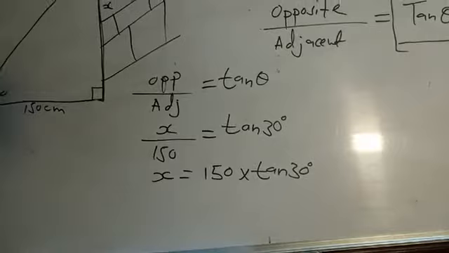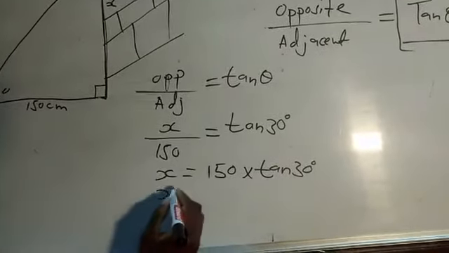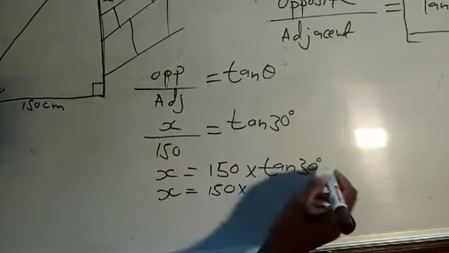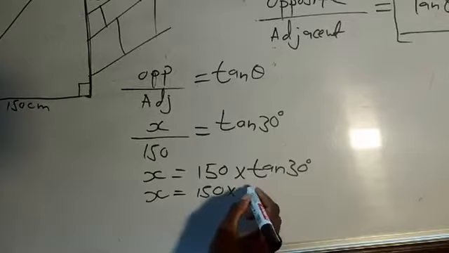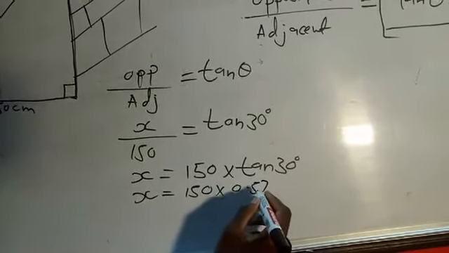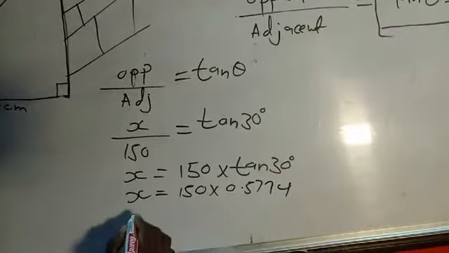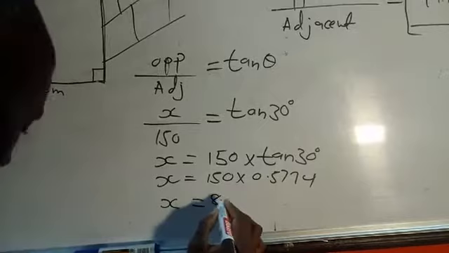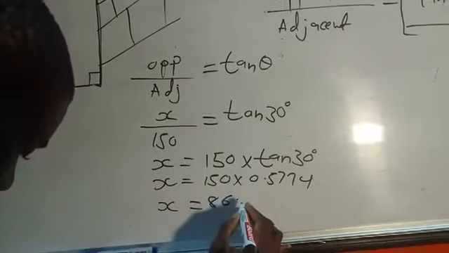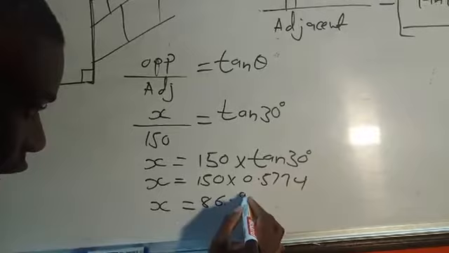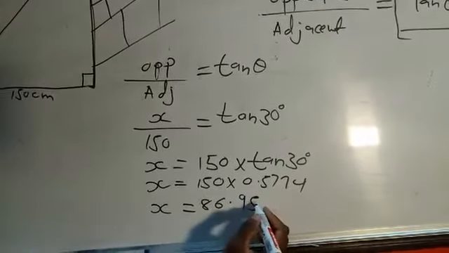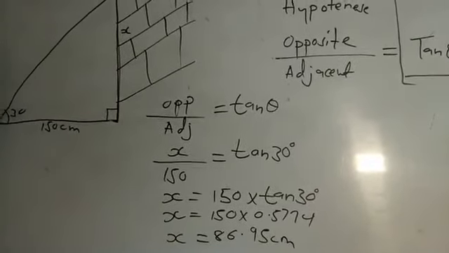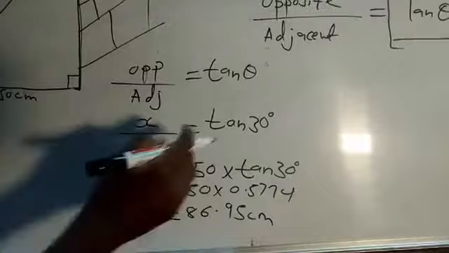And if we calculate, tan 30 will be equal to 0.5774, getting our x equal to 86.95 centimeters. So the building is 86.95 centimeters tall.